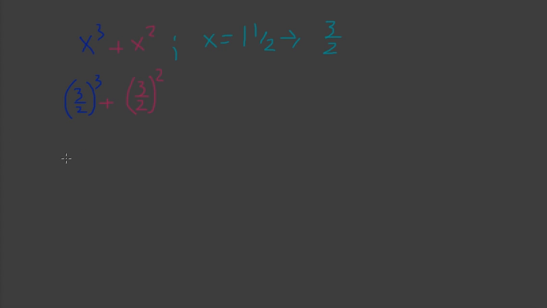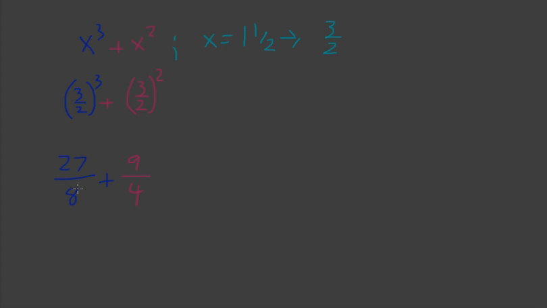3 cubed is 27, and 2 cubed is 8. Then we're going to add these, and we have 9 over 4. We can't stop there because we need to add these now, and to add them we have to find a common denominator.